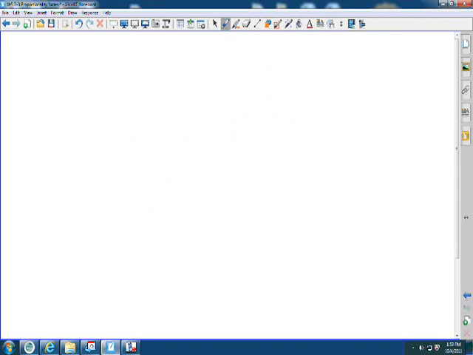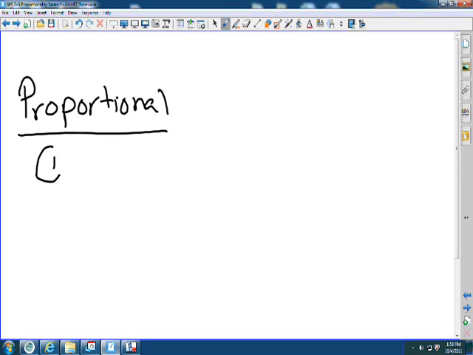And so the next thing is, we're talking about today proportional. To be proportional, the first thing it has to do, it has to be linear.